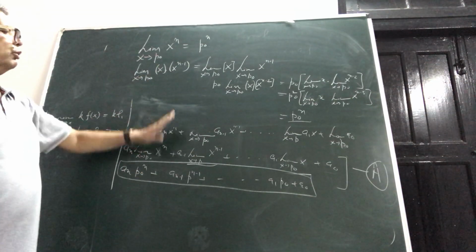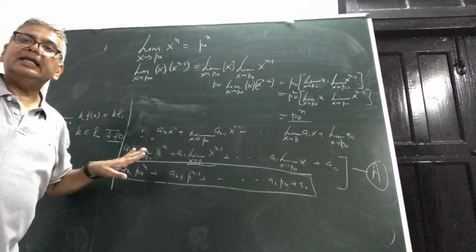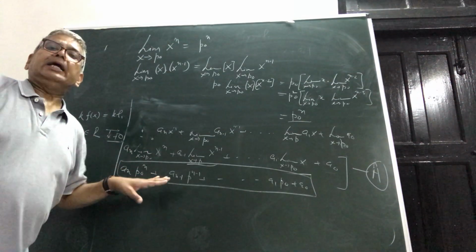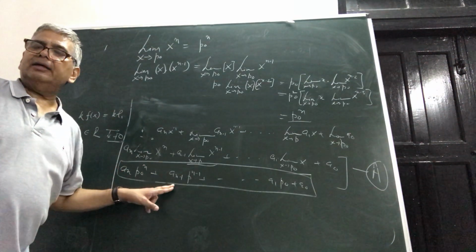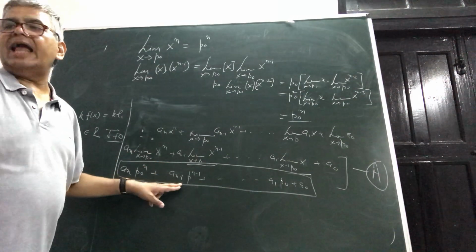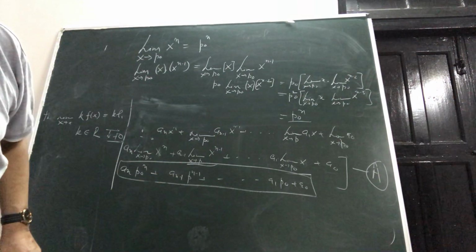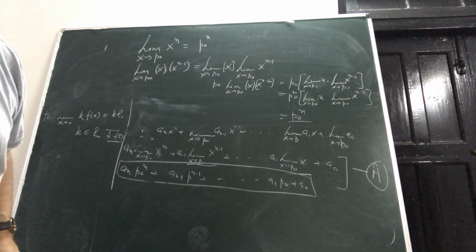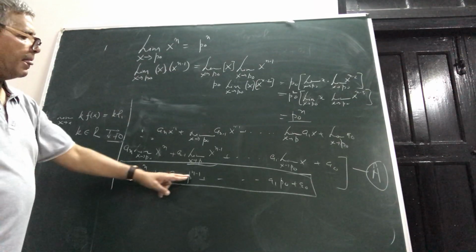What we have shown is the important result that the limiting value of a function anywhere in its domain is nothing but its functional value. Okay, so this is all that we had to prove.